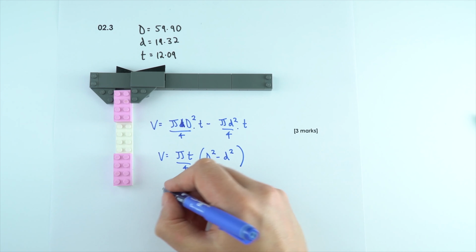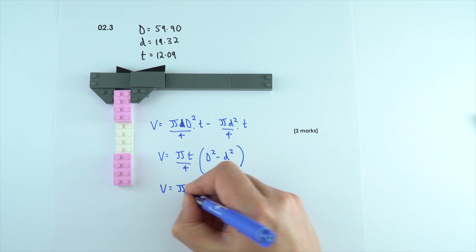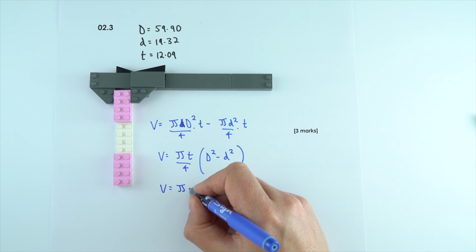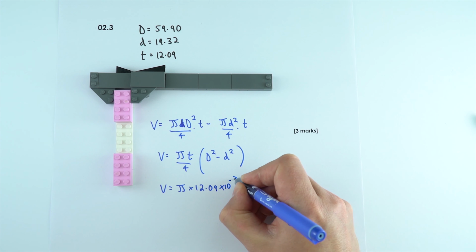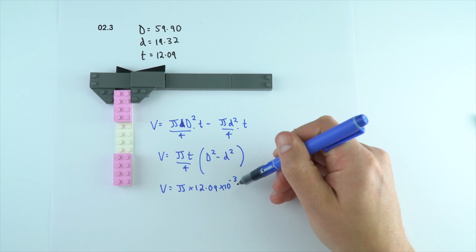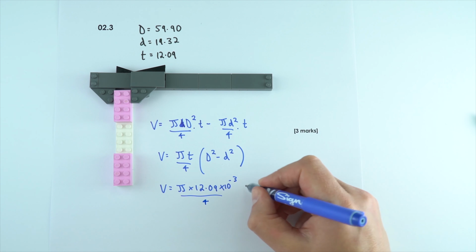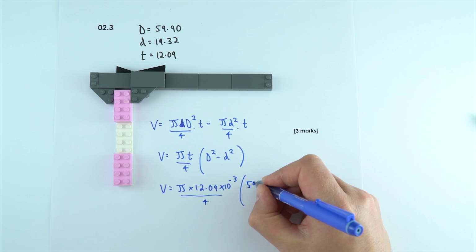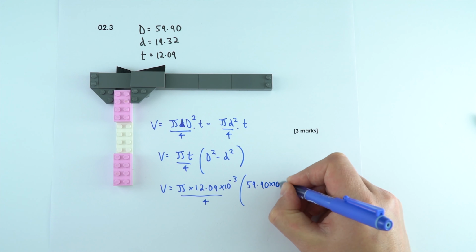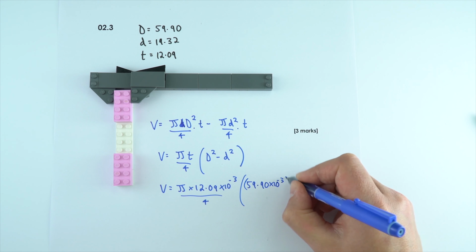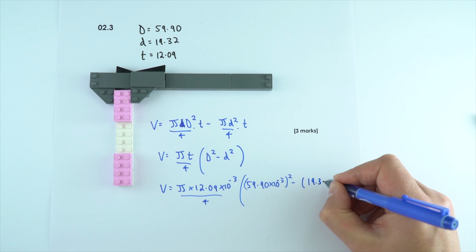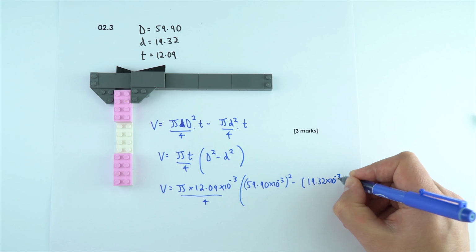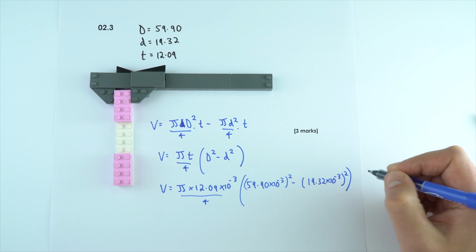Putting the numbers in from up here, that's pi multiplied by the thickness, which is 12.09 times 10 to the minus 3, because we're converting from millimetres to metres, divided by 4. Then the outside diameter is 59.90 times 10 to the minus 3, squared, take away 19.32 times 10 to the minus 3, all squared.